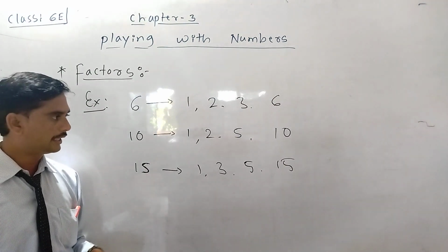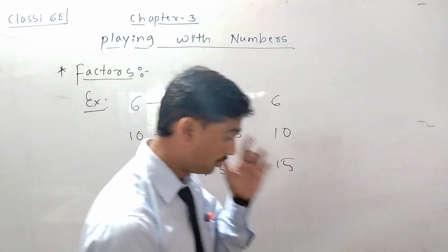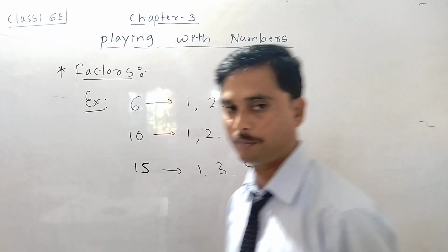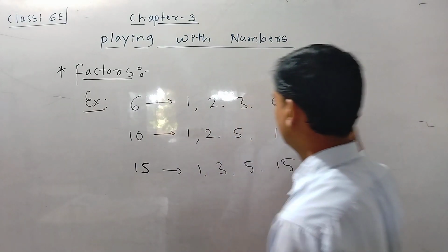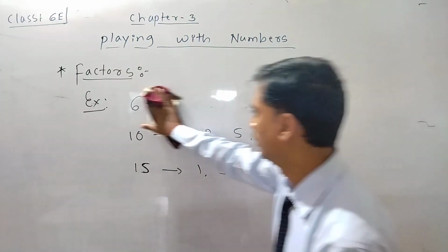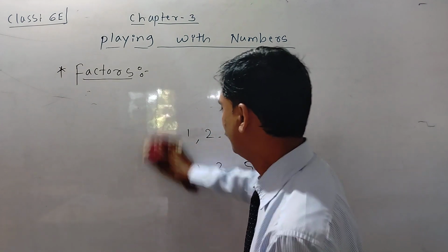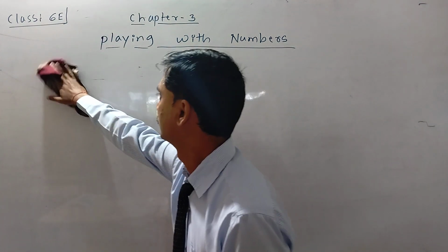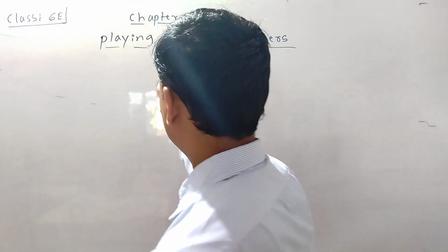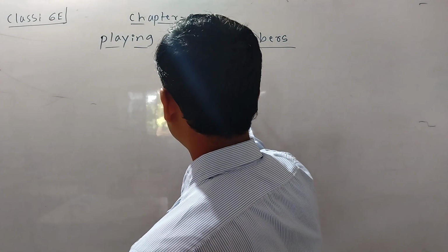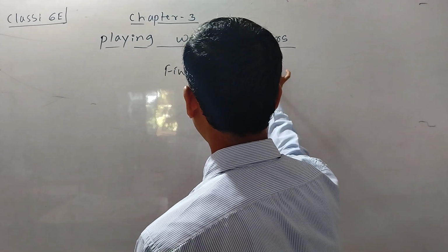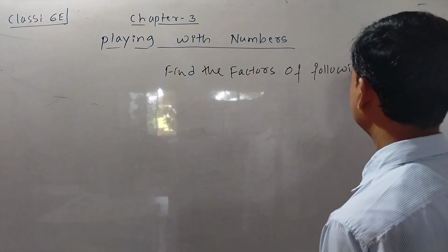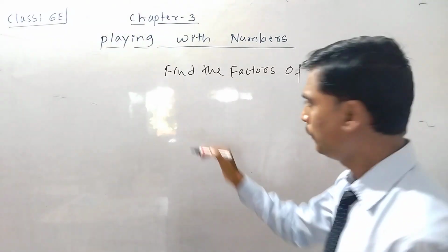Okay, I will give you some examples. I will give you some numbers, you have to find the factors and send them to my WhatsApp number. And homework: I will give you some numbers you should find. Find the factors of the following.